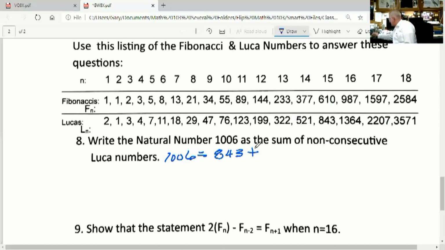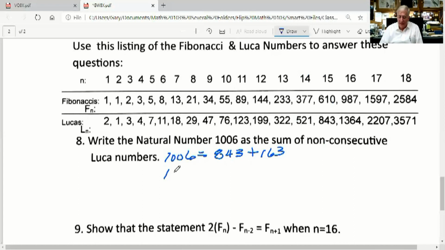I'm going back here to my adding machine, take 1006. I'm going to take 843 from it. And when I do, I get 163. All right, so 163. Well, I'm finished with this problem if 163 is a Lucas number. Unfortunately, it appears that it is not.